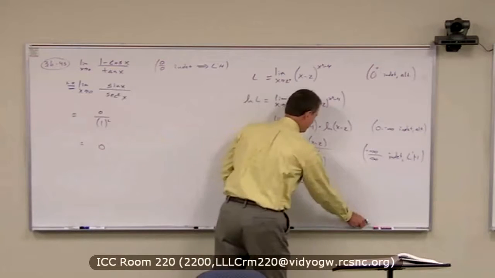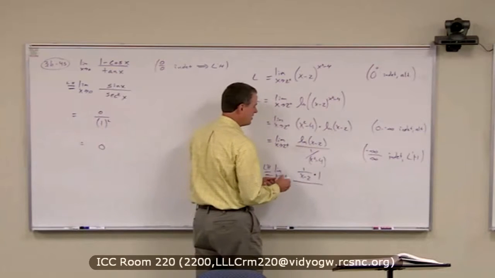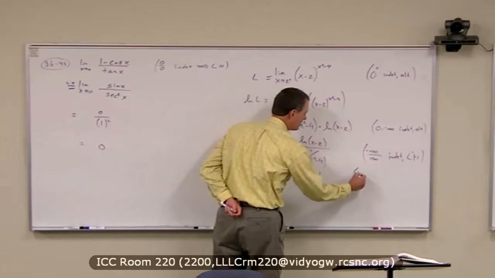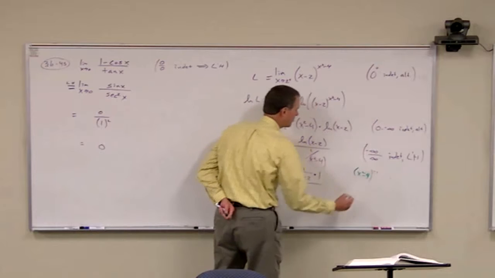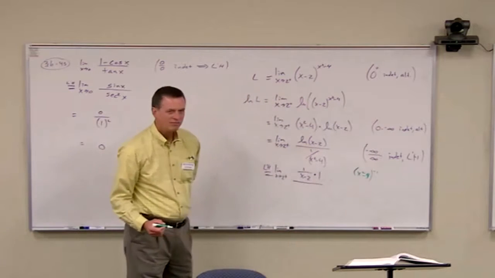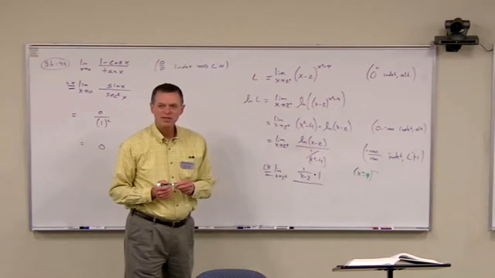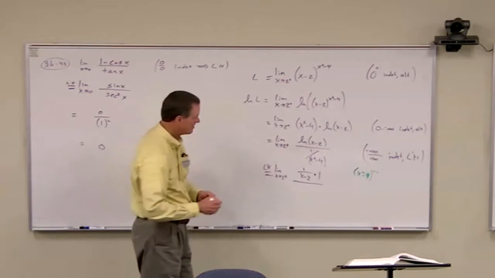Do you want to change the exponent of the bottom thingy? Sure, we can do that. We can visualize this in our mind as x squared minus 4 to the minus 1. What's the derivative of that?